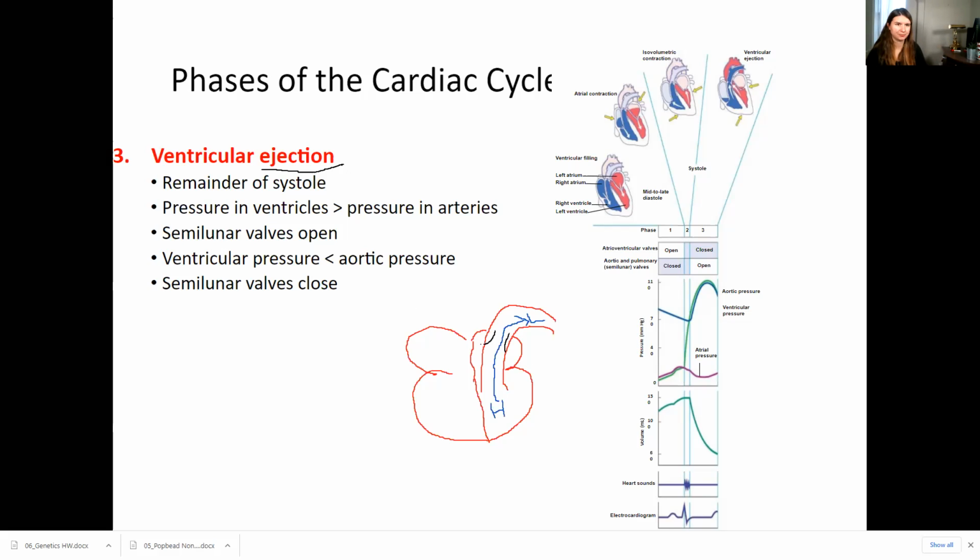So eventually we would see equal pressure and then even lower pressure. As these two become equal, and then eventually the ventricle becomes low pressure, we'd have backflow of blood. It's going to get caught in these pockets, which is going to slam the semilunar valve closed.